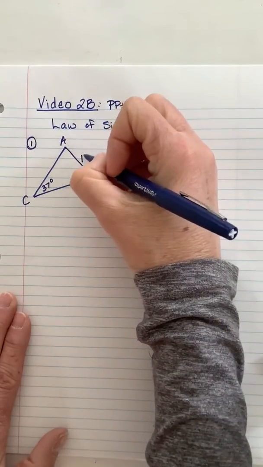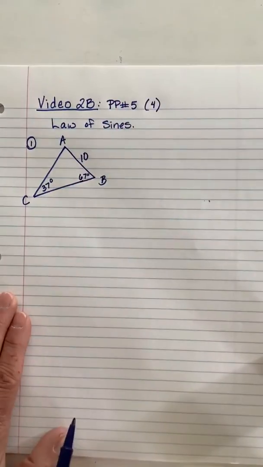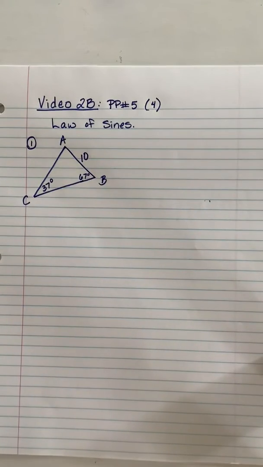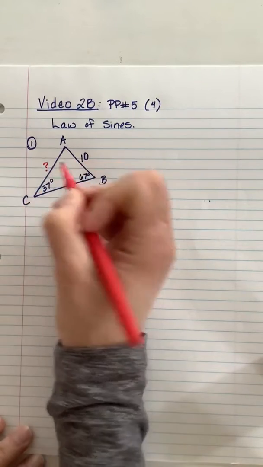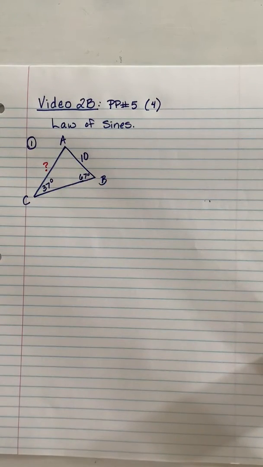We know that this side is 10, and we are going to be missing this piece right here. So this time when you're looking at your practice problems today, this is what you are given, which means you're going to have to pull out the pieces of information so that you can use law of sines.